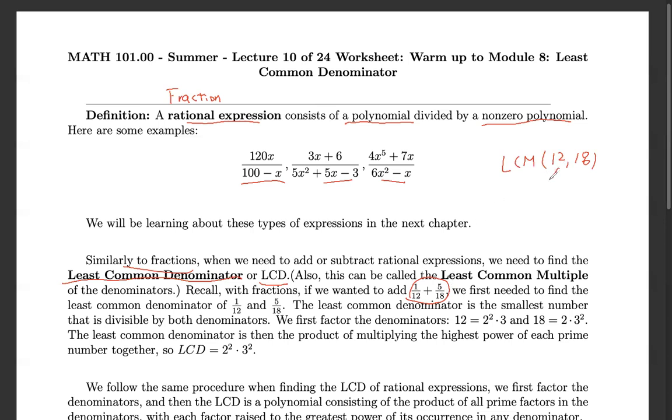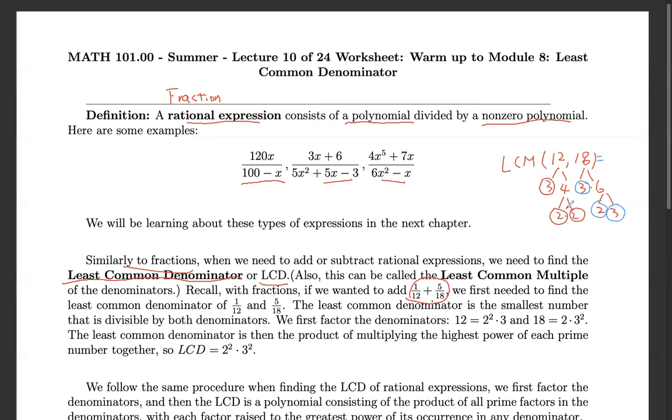So 12 is 3 times 4, and 18 is 3 times 6. 4 is 2 times 2. 6 is 2 times 3. So the factors of 12 are 3, 2, 2. The factors of 18, let me use blue color, are 3, 2, 3.